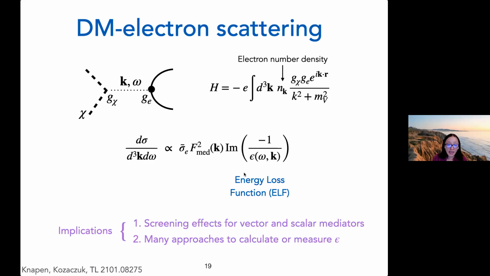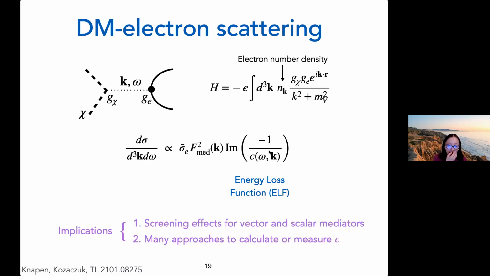The first one is that, as I'll show, this allows us to account for screening effects, which weren't considered for semiconductor calculations before. Another implication or advantage is that it gives a kind of handle on uncertainties in the dark matter electron scattering rate, because now there are many approaches to calculating and measuring this energy loss function.